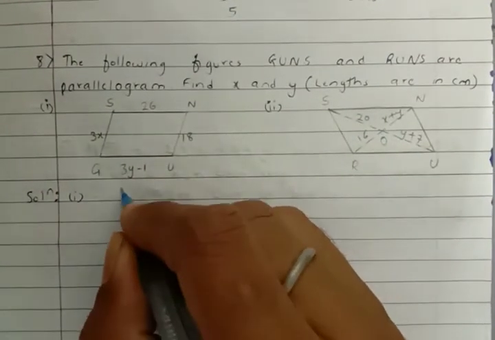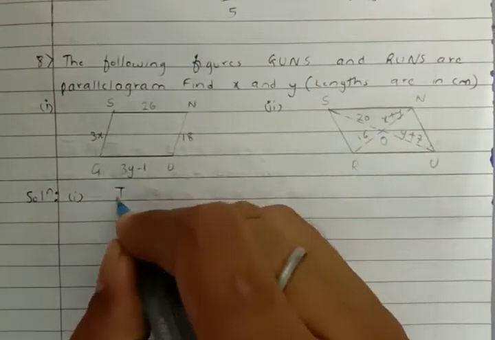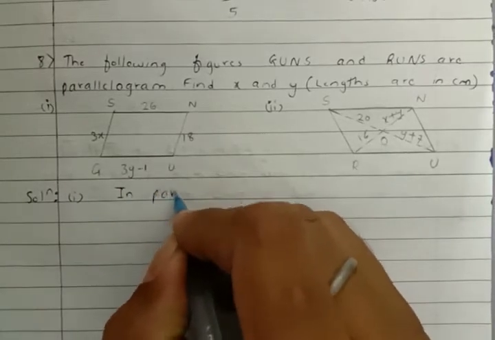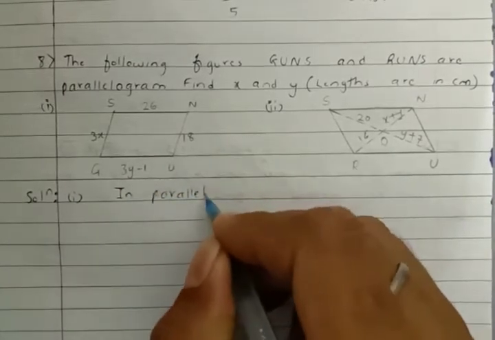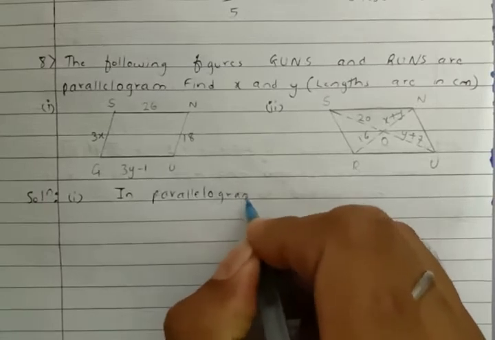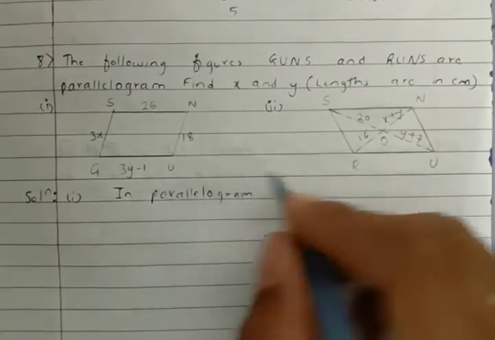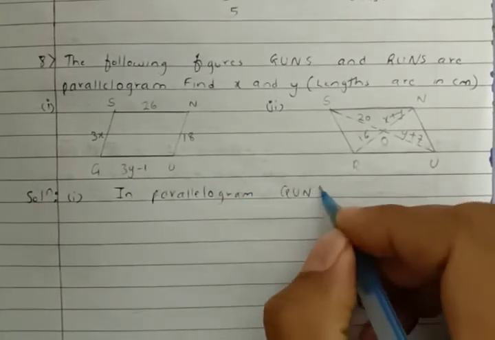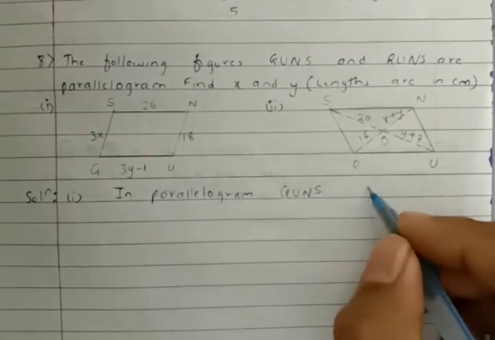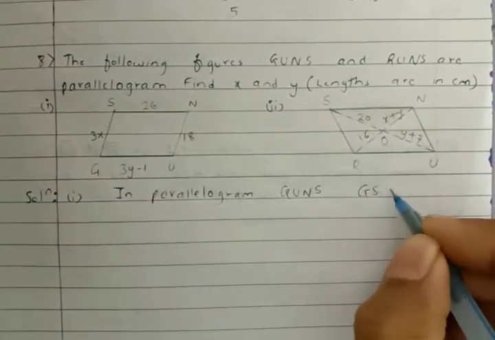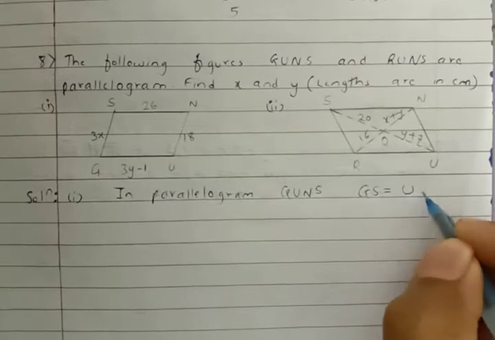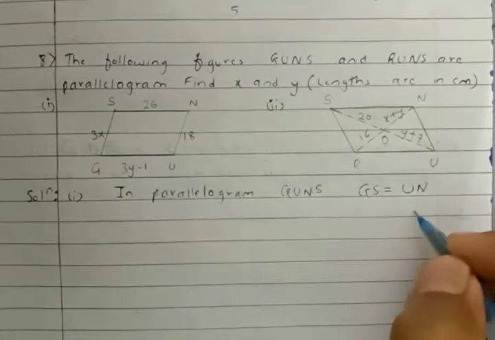In parallelogram GUNS, GS is equal to UN, right?